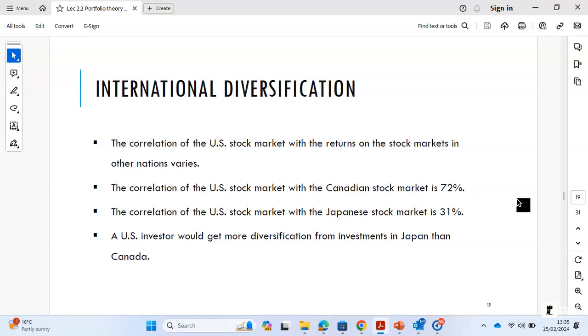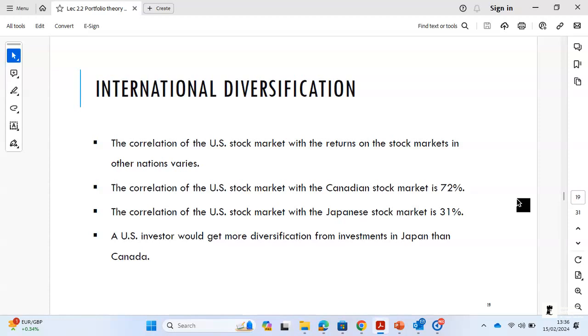So if you are a US investor and you want to create an international portfolio, which market would you prefer to invest in? The Canadian market or the Japanese market? Japanese market, right? Because the Japanese market is less correlated with the US market.